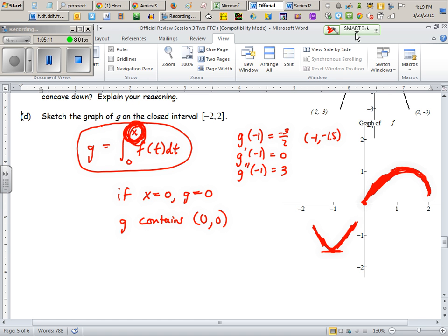Do you notice any interesting symmetries on your original graph? Does it contain any symmetries? Y-axis symmetry, doesn't that mean it's an even function? Doesn't that mean that the antiderivative would be odd? It would have one more degree, right?